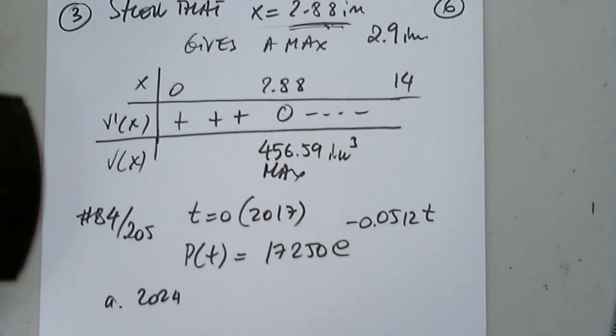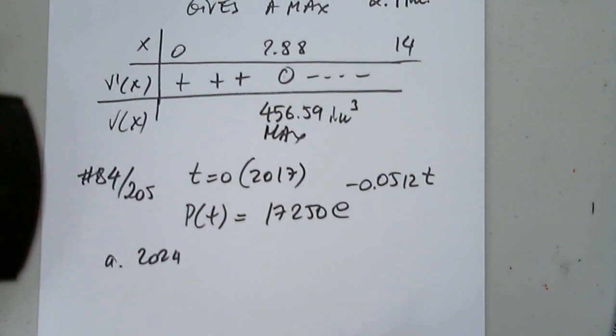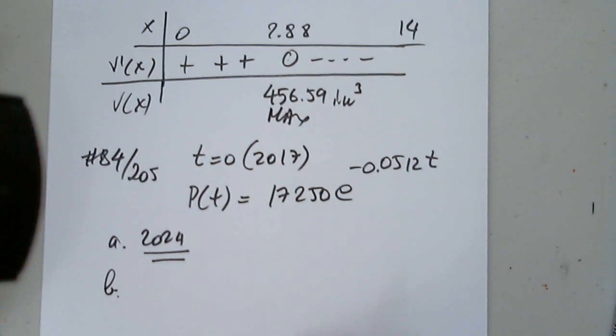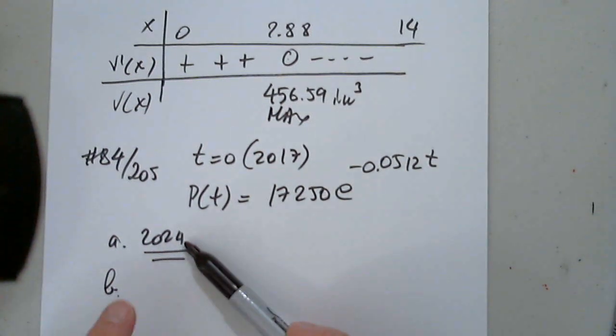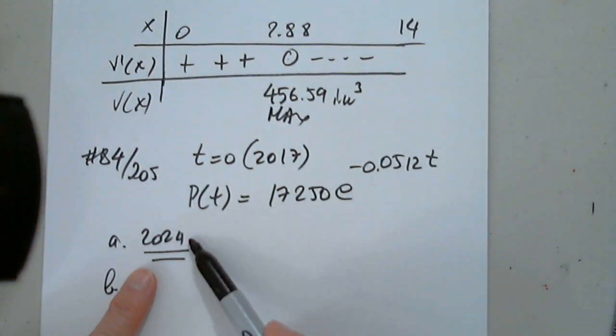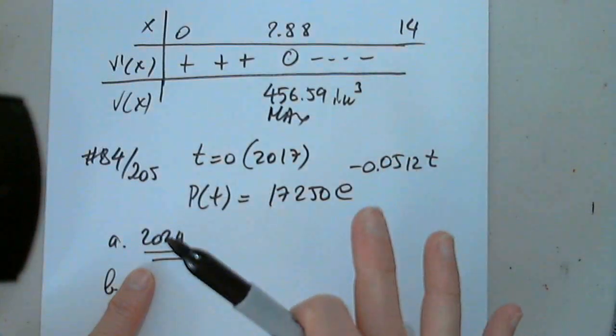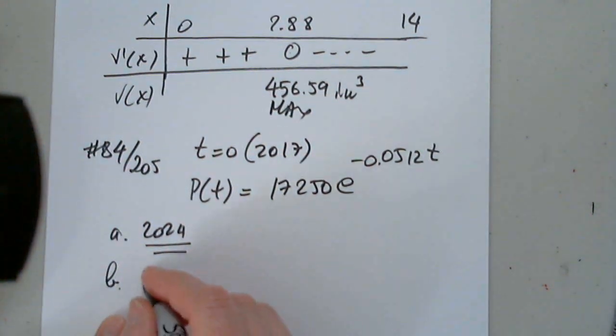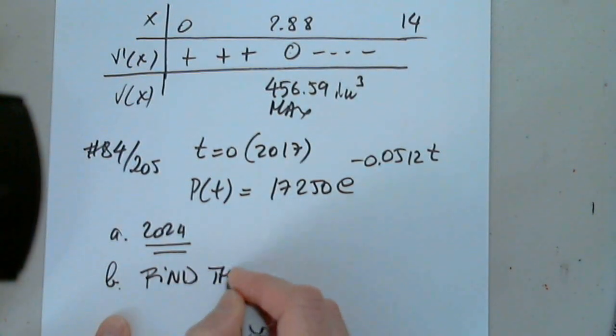So I'm going to ask different questions here. So that's one. And in part B, I want to ask a different question. But the second question, that's all I want. I want two questions.